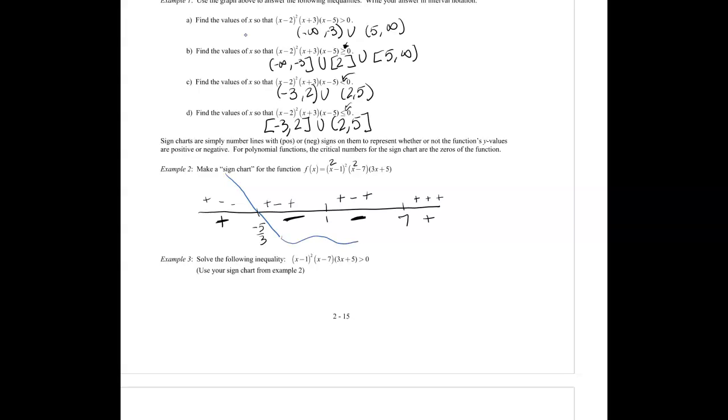And then somewhere down here something funky happens, so I might have something called a point of inflection at 1, which is just basically where it turns, but it doesn't really do too much. And then at 7 it goes from being negative to being positive, so my y values go from being negative to being positive, so there's also an x-intercept there as well.